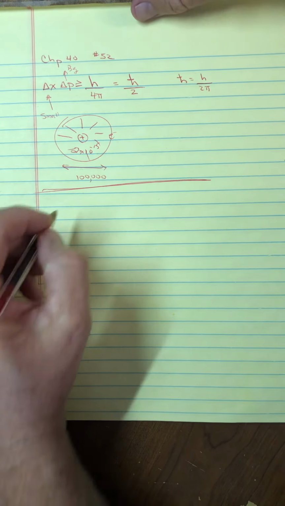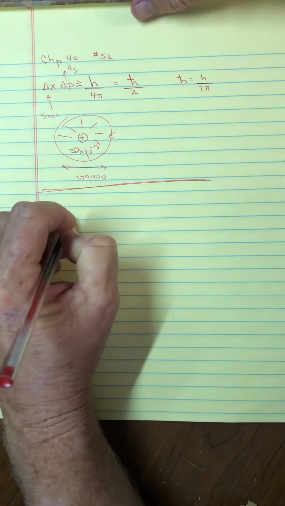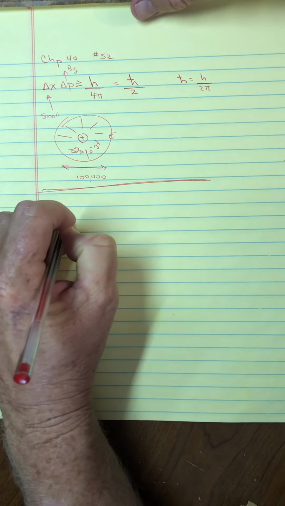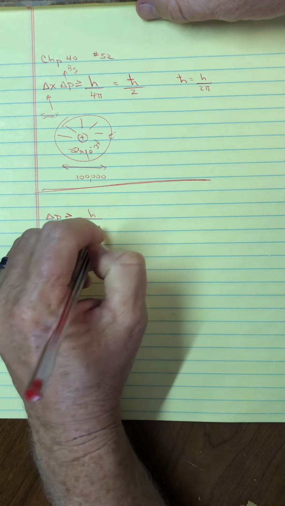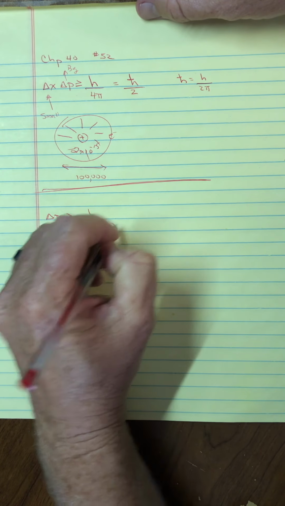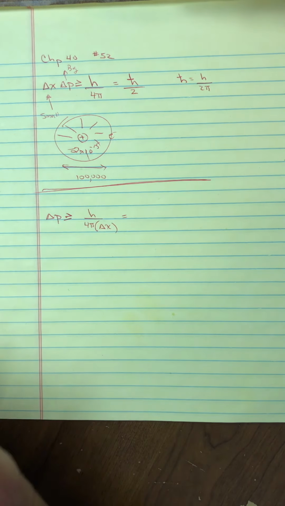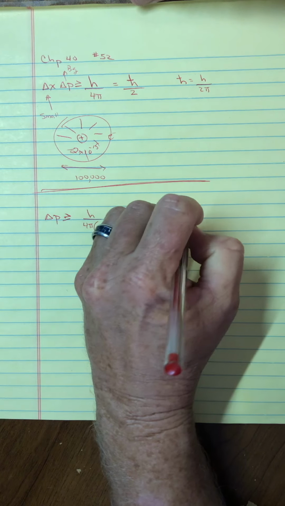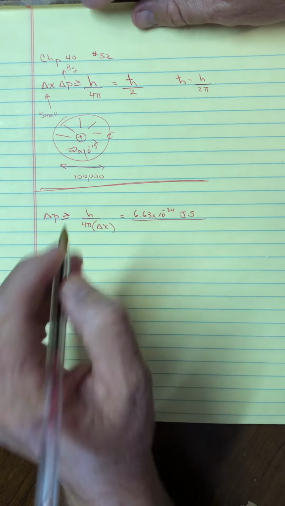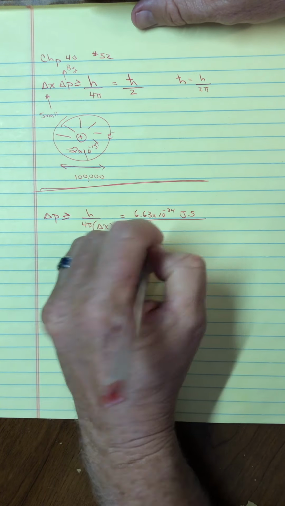So if you do this, you could say that the unknown momentum has to be at least h over 4 pi divided by, say, its diameter. So this is the 6.63 times 10 to the negative 34 joule seconds for Planck's constant, divided by 4 pi.